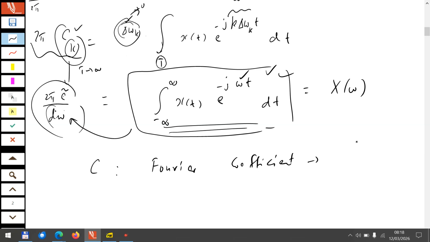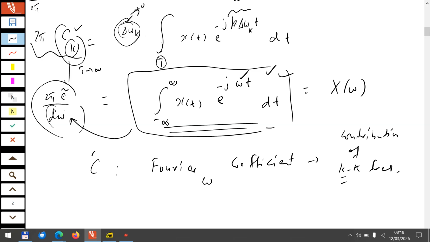It told you the contribution, right? What was the contribution of the kth frequency? So of course you cannot say kth frequency anymore. You will say what is the contribution of omega, because you don't say omega 1, omega 2 anymore.